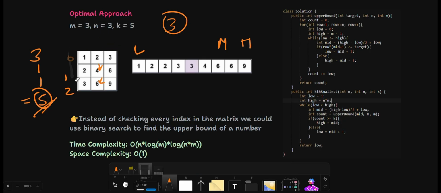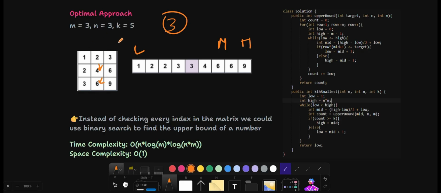Let's see what will be the count for 6. For 6, again the upper bound will be pointing to index number 3. So it will return 3 for this. For the second as well, it will point to 3 because 6 is not greater than 6. So it will return 3 here as well.